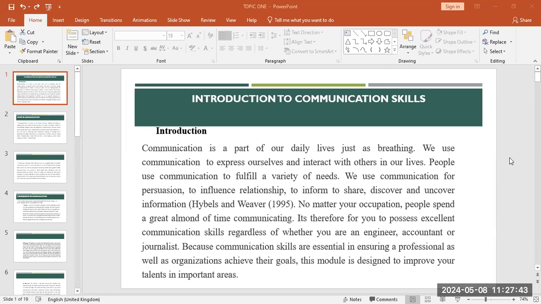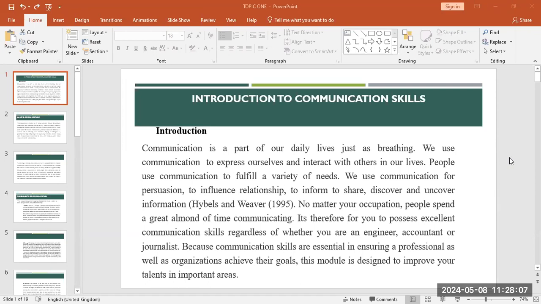Suppose you are walking a long distance and you feel thirsty and you have not carried water. You will just look for a nearby house, you knock the door, and you ask them to help you with a glass of water or drinking water. So in other words, we use communication to fulfill a variety of needs.